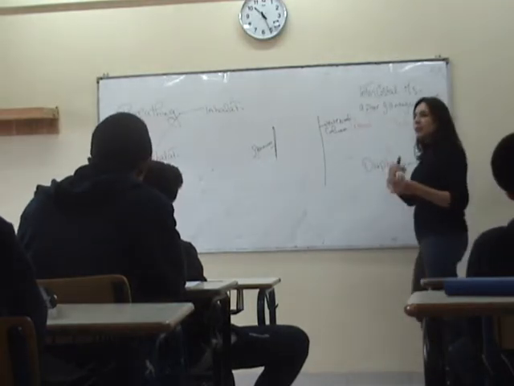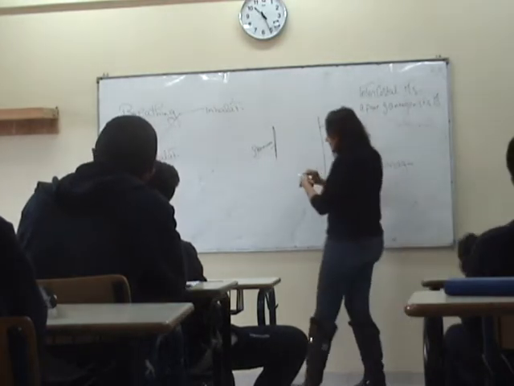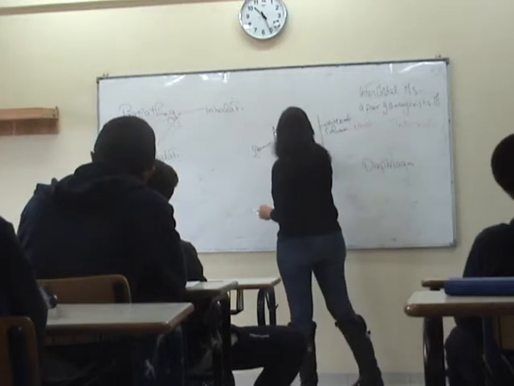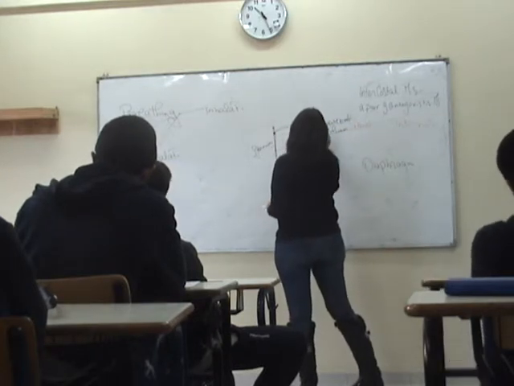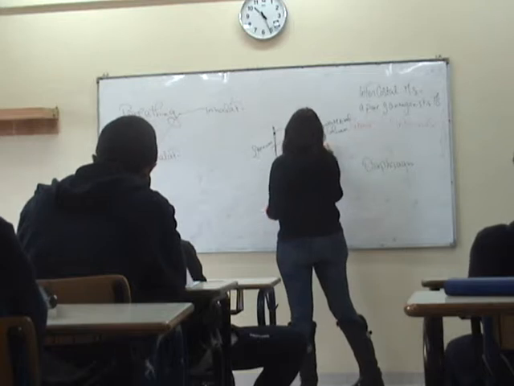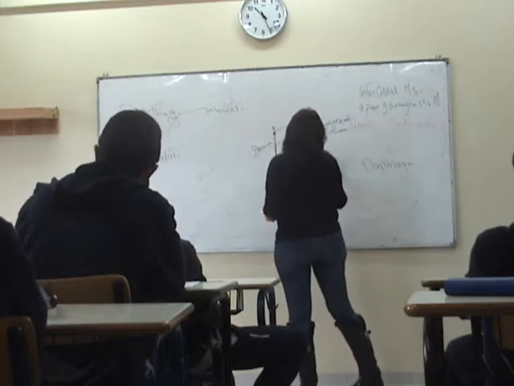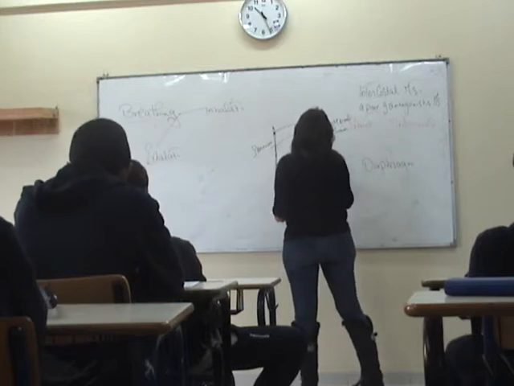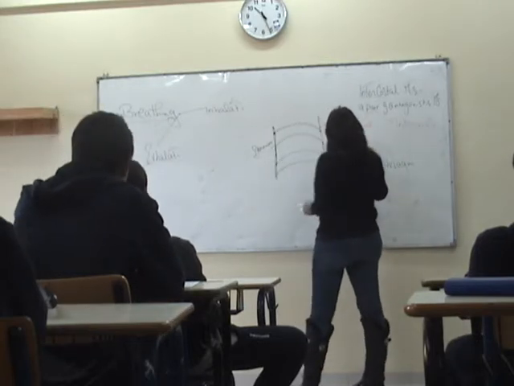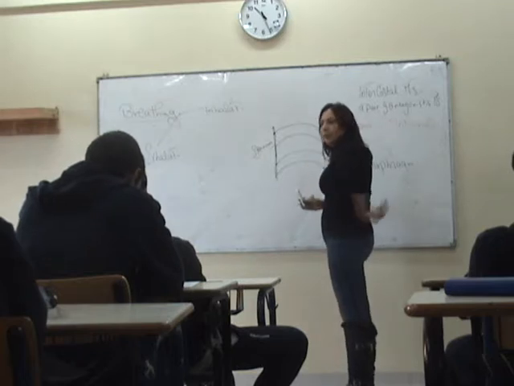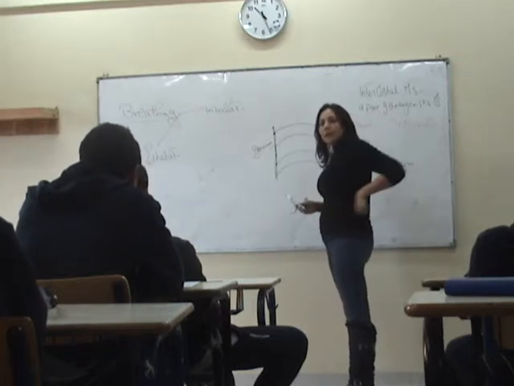And between these two bones, we have the ribs inserted in the sternum and in the vertebral column. Those are the ribs. So that's the side view: sternum, vertebral column, and the ribs.